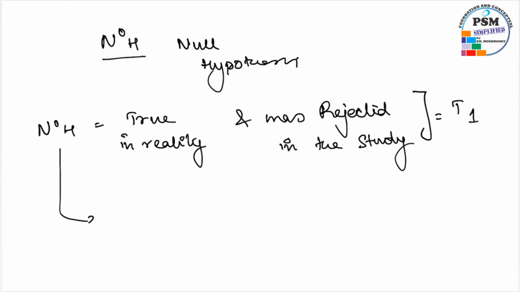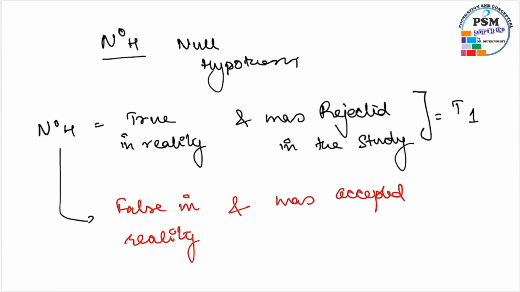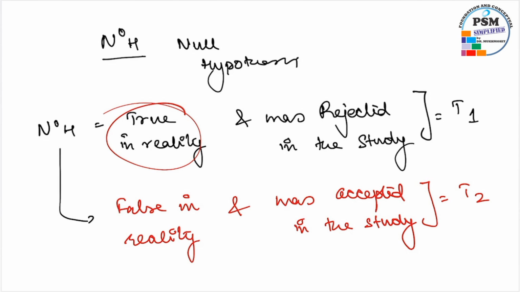On the same principle, if the null hypothesis was false in reality and was accepted in the study, that means you have committed an error, and this type of error we call a type 2 error. So please remember type 1 errors and type 2 errors. Type 1 is null hypothesis was true in reality and was rejected. If it was false and accepted, it is called a type 2 error.